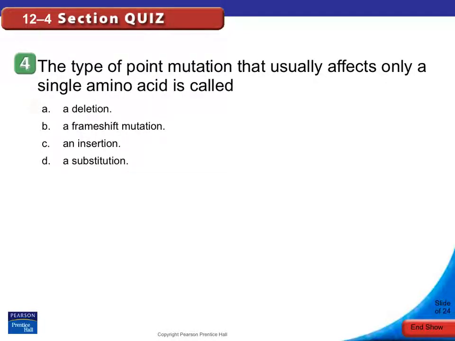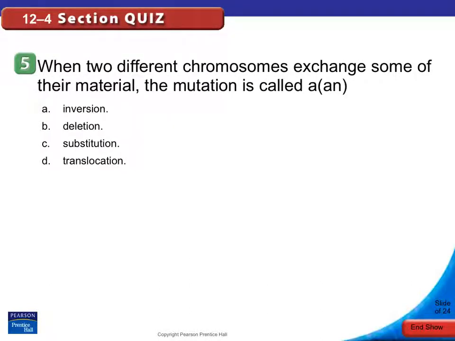Number four, the type of point mutation that usually affects only a single amino acid. Number five, when two different chromosomes exchange some of their material, the mutation is called this.